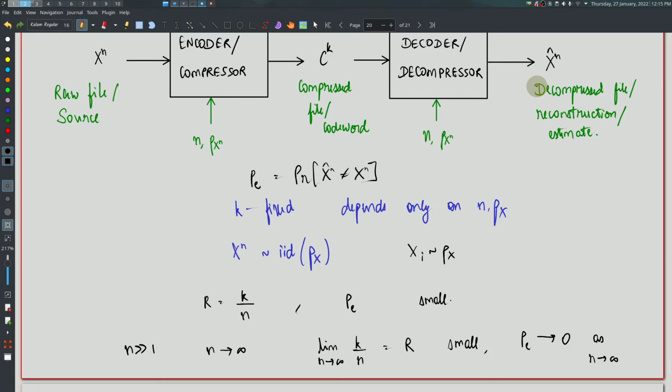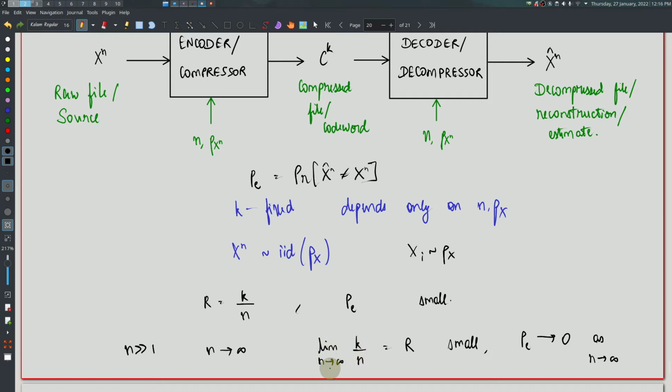If you have, say, 100 kilobytes, going from 100 kilobytes to 1 kilobyte is okay, it's good, but that's not typically what you're interested in. But if you have a 1 gigabyte file and you can reduce it down to 100 megabytes, that makes a much bigger difference, right? So that's what we will be interested in.